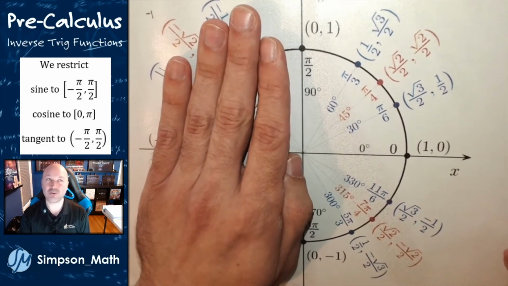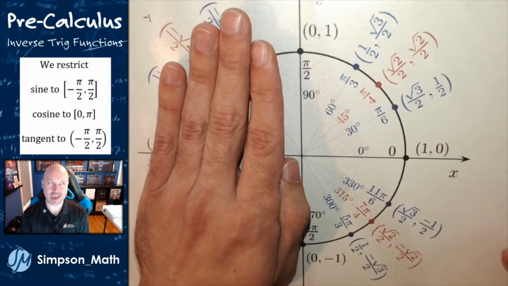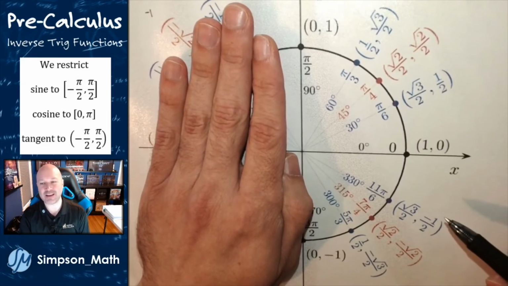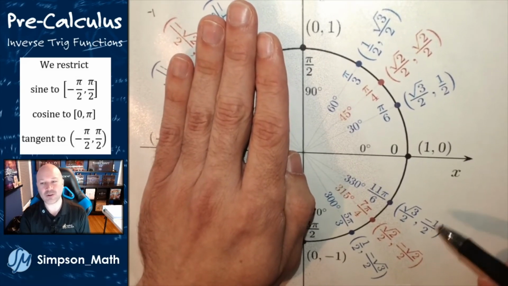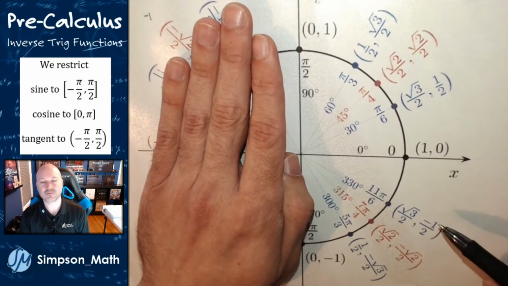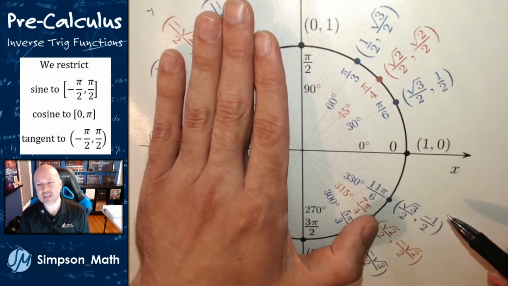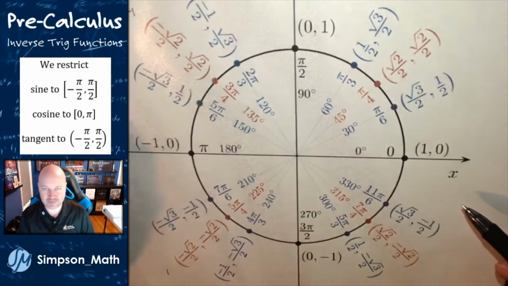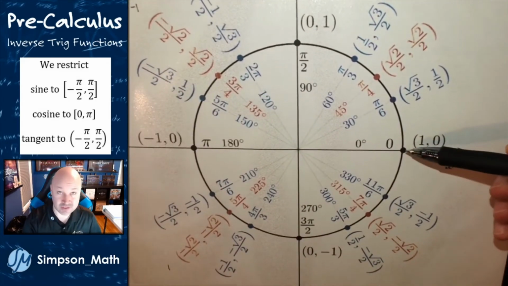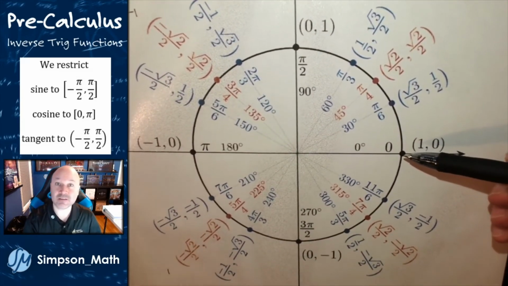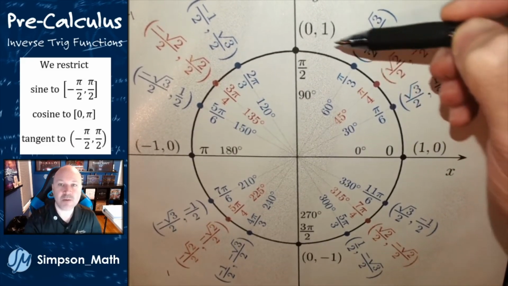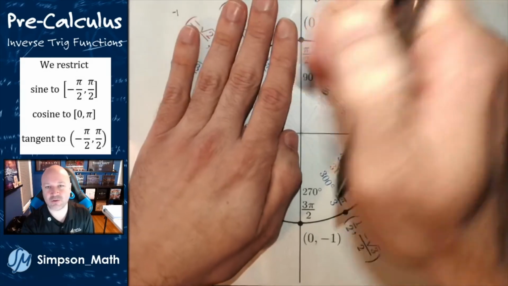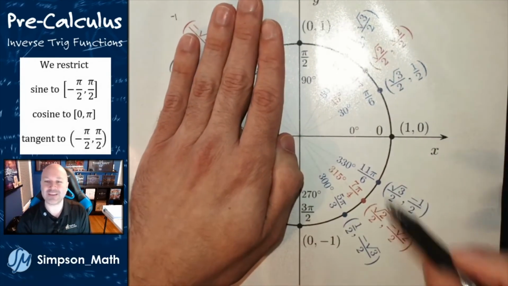Arcsine is restricted to negative pi/2 to positive pi/2. I'm looking for the angle that will spit out a negative 1/2. I agree, we're looking at this value right here. But if you answered 11pi/6, in order to get to 11pi/6, I have to start here at 0 and go in a positive direction up to 90 degrees and then go into this restricted area. No. I cannot even get to 11pi/6.